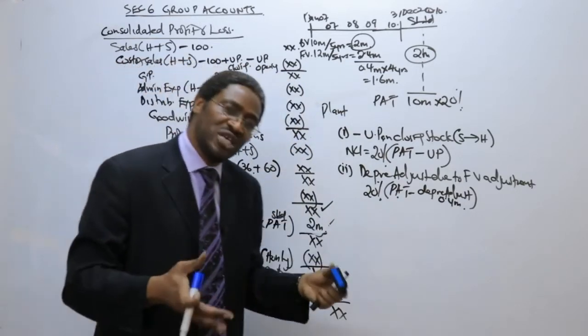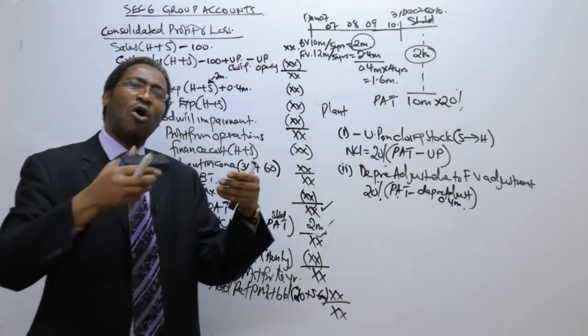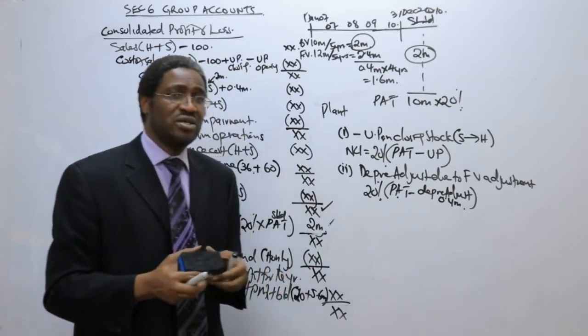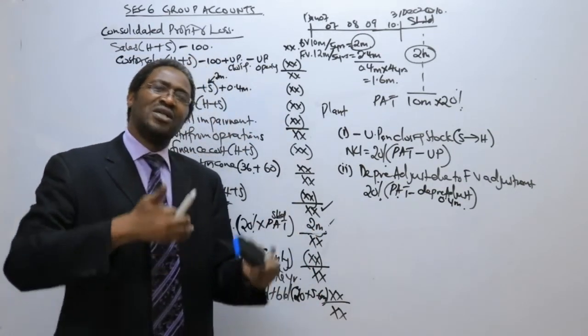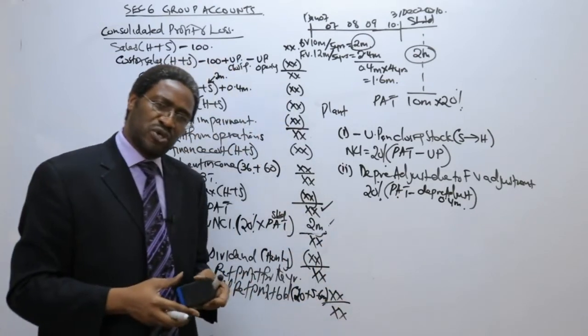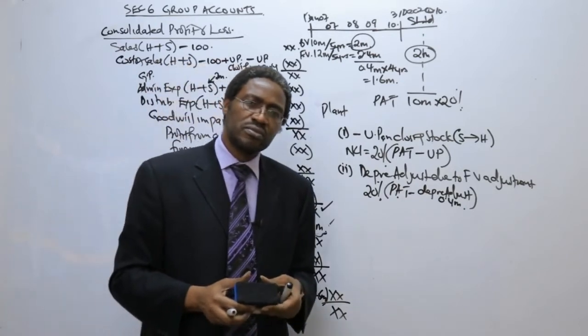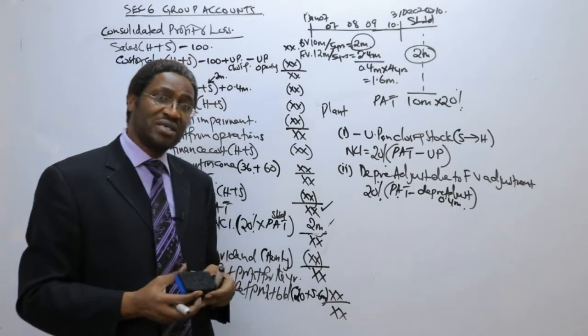I hope you still know, even from your section 3, when you are doing published accounts, or group accounts, anytime you had to depreciate a plant, there was a specific place where you had to charge that depreciation. Where was it? Among the cost of sales.